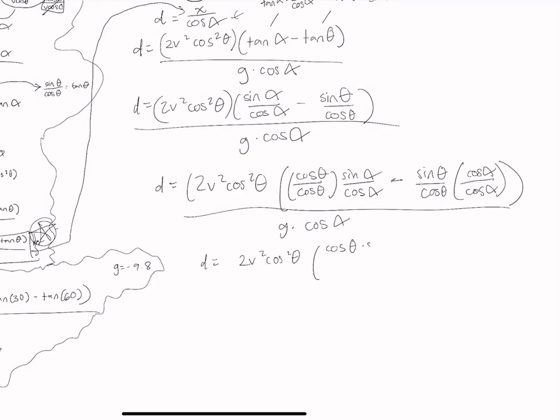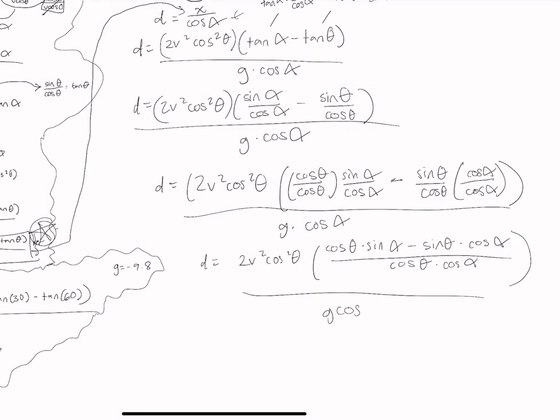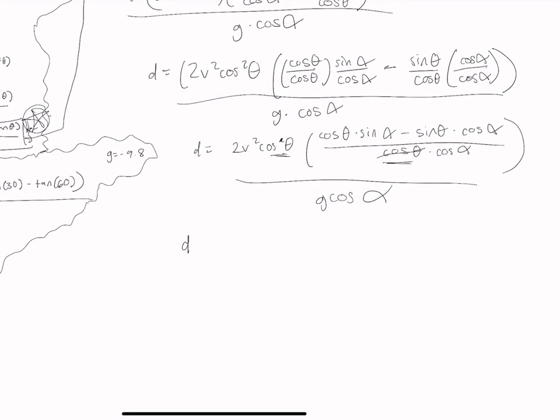And now we can just simplify. What you notice here is you can cancel this cosine theta with this cosine theta. So we can make this just a singular cosine theta and then cancel this denominator out. Let's rewrite it.